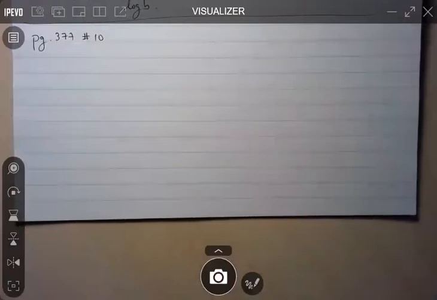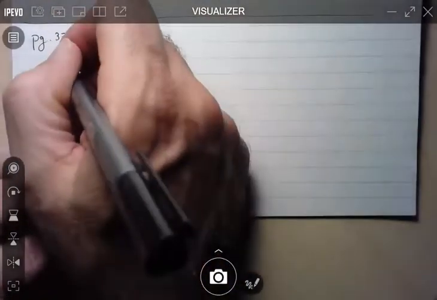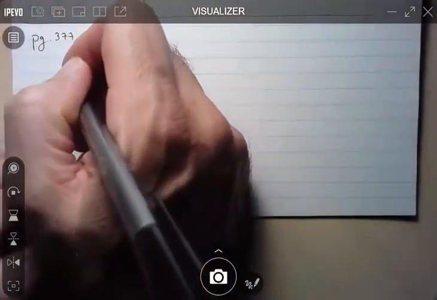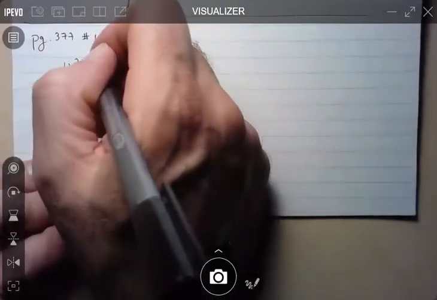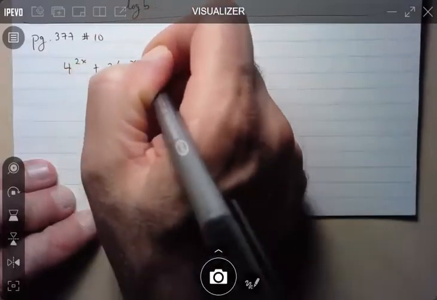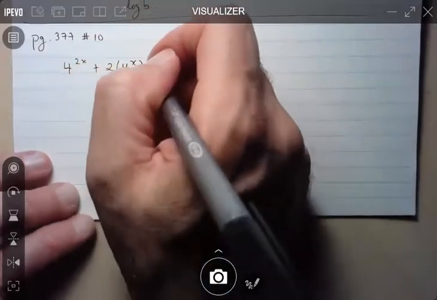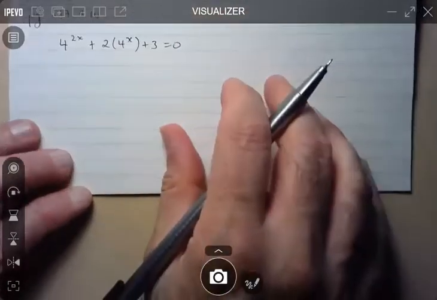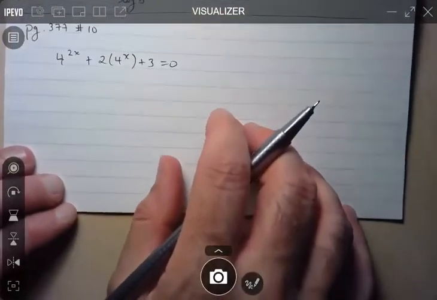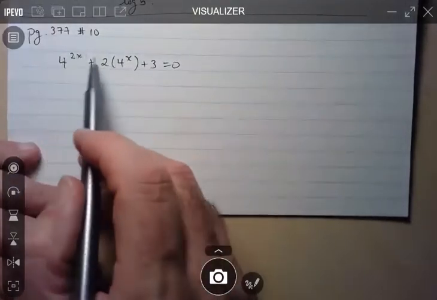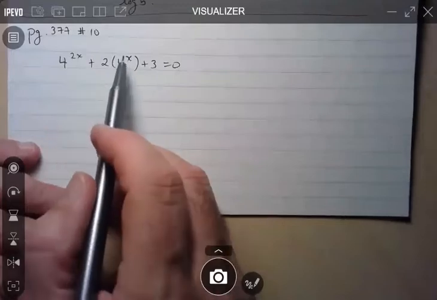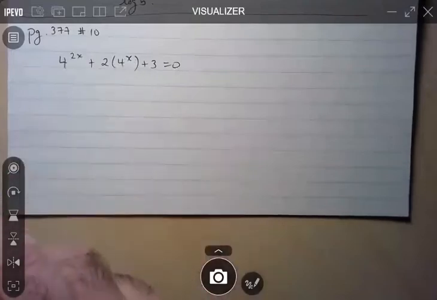Page 377, number 10. It says, does this equation have any real solution? Explain your answer. So here's another equation: 4 to the 2x plus 2 times 4 to the x, plus 3 equals 0. I see that I've got the same base, but I don't quite have the exact same power, because here it's 4 to the x, here it's 4 to the 2x.